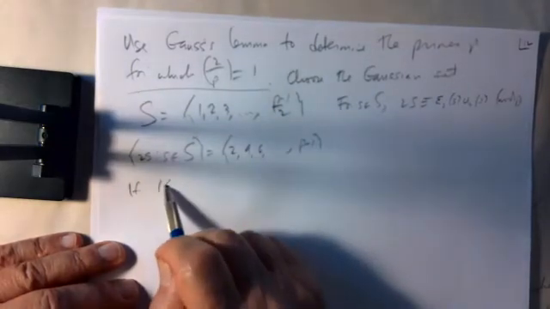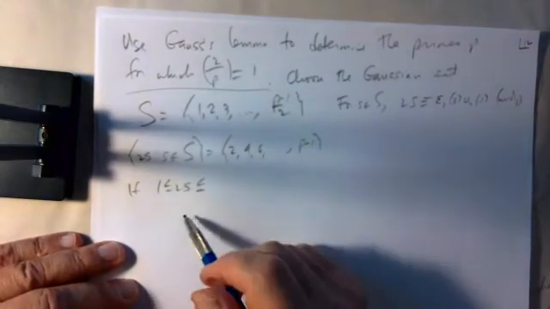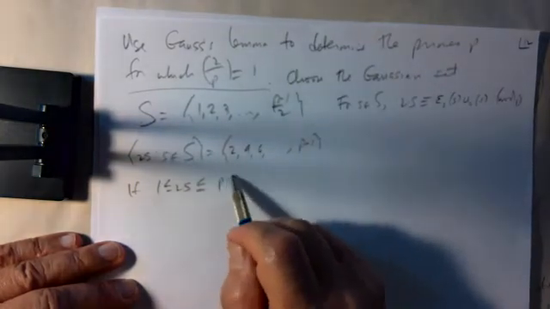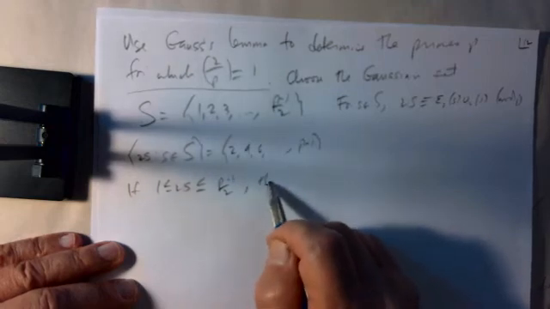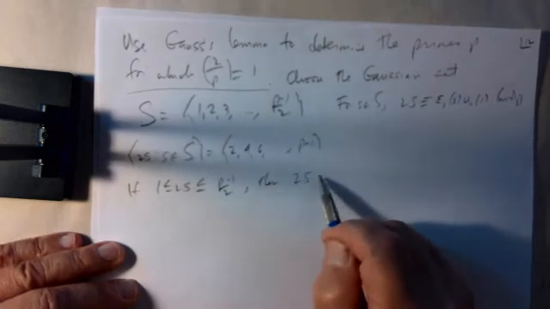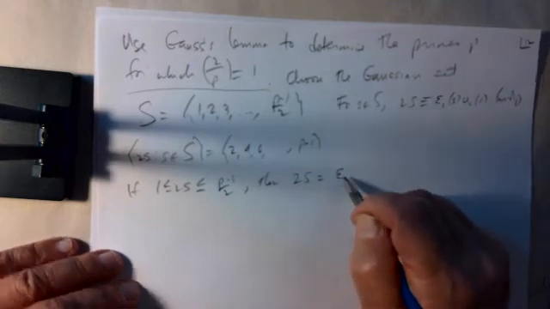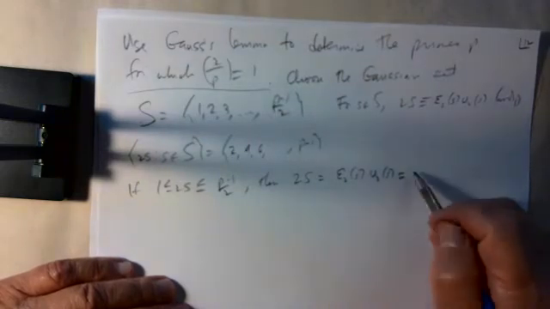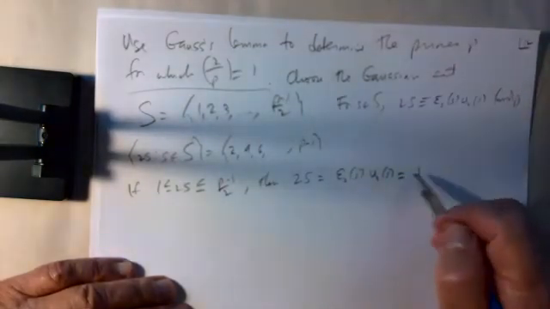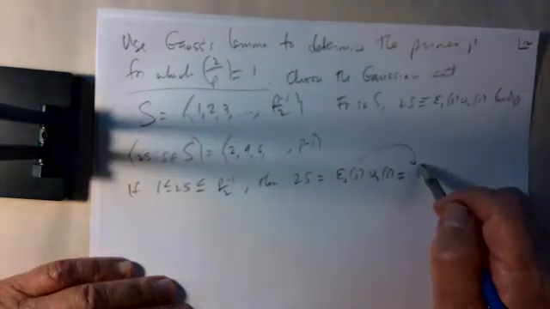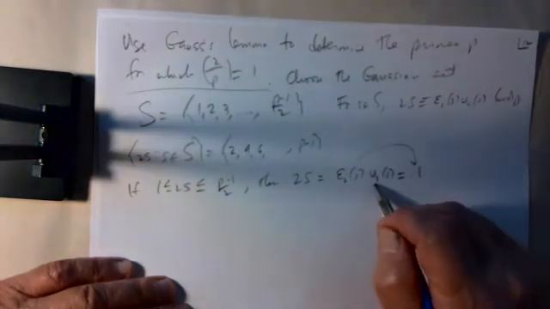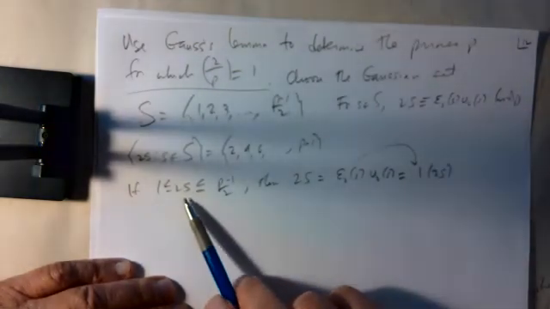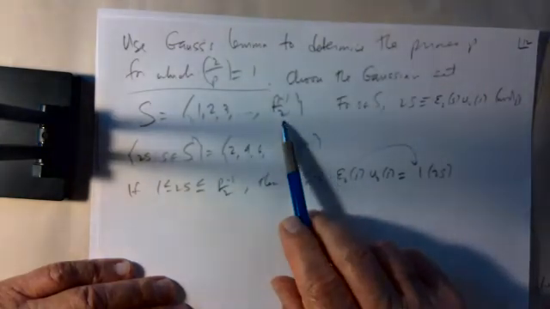If 2s is between 1 and (P minus 1)/2, then 2s, which is epsilon sub 2 of s times u sub 2 of s, is just going to be 1 times 2s. That's what epsilon sub 2 of s will be, and u sub 2 of s will be 2s, because 2s is an even number up to (P minus 1)/2.